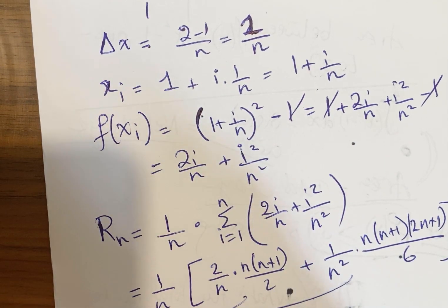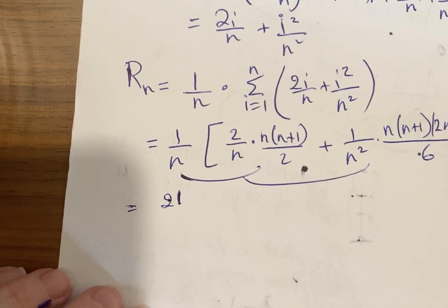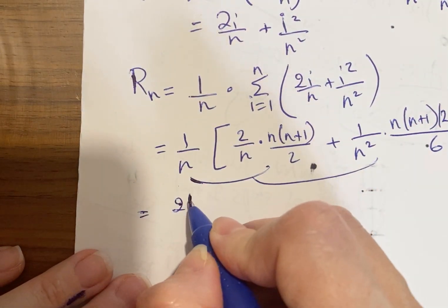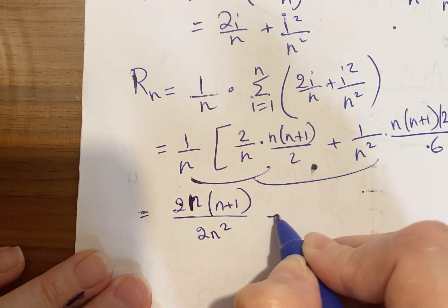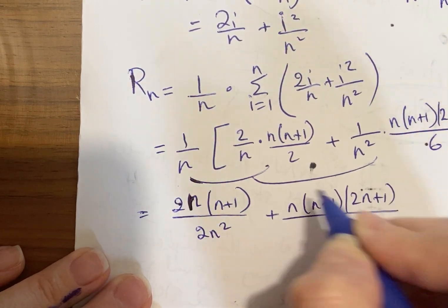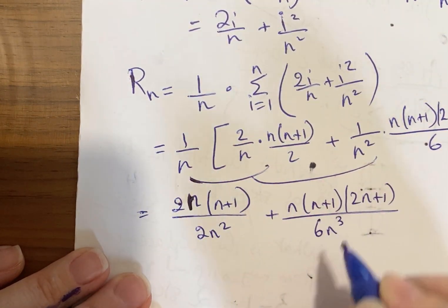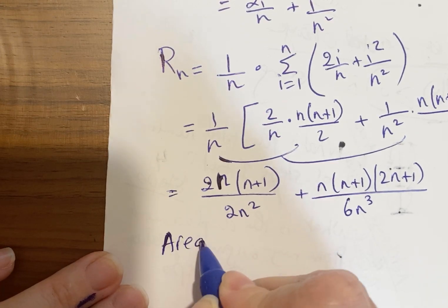So I now distribute, I multiply them by each other. I get 2n plus 1 over 2n squared plus n plus 1 to n plus 1 over n squared 6n cubed.